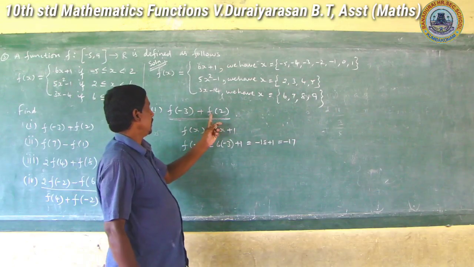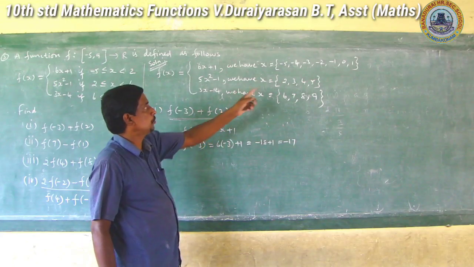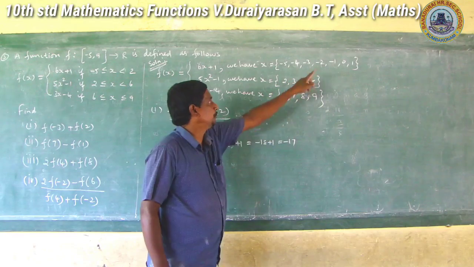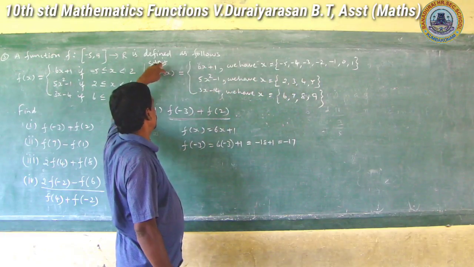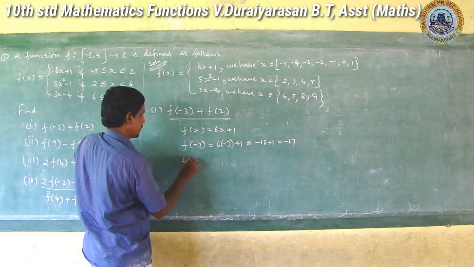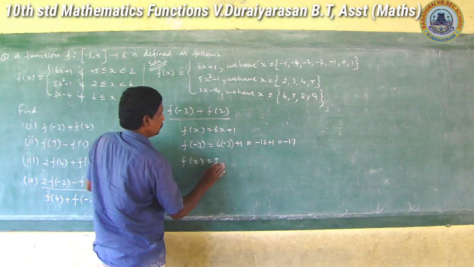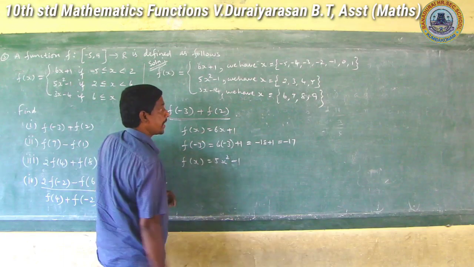Next, f of 2. Where is 2? This is in the second one. So the applicable function is f of x is equal to 5x square minus 1.